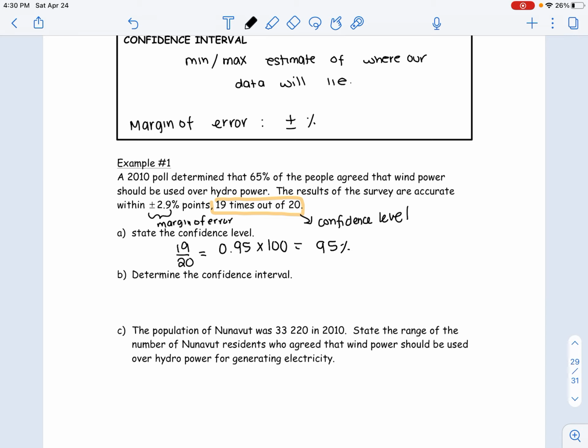Now we want the confidence interval. This is where you take the standard average number. So we know that 65% is the average number, and our margin of error is that we could be plus or minus 2.9%. So we always take our average number, which is that 65%, and we always do that plus minus our margin of error.